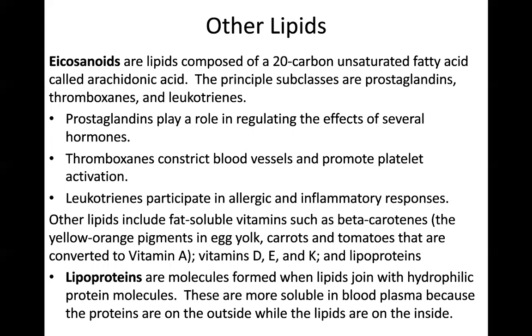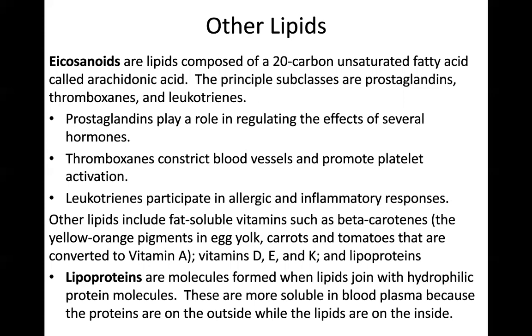They are part of a process that we do when we bleed. They constrict our blood vessels and help activate platelets. Leukotrienes participate in allergic and inflammatory responses. So we really don't talk much about these other than just a few times when we talk about bleeding and allergies and inflammation. So we'll wait and learn about those later on in the semester.